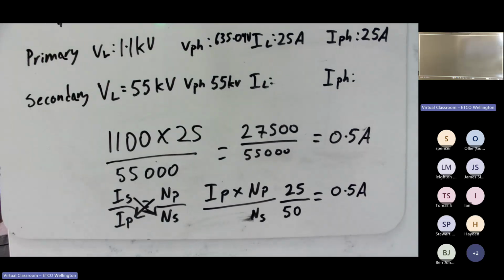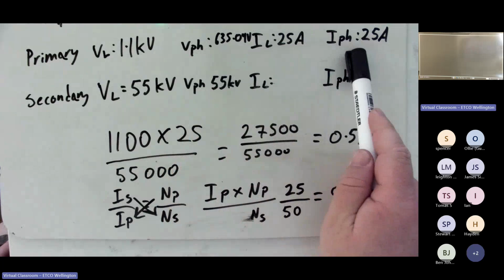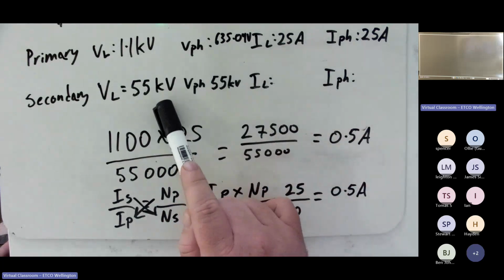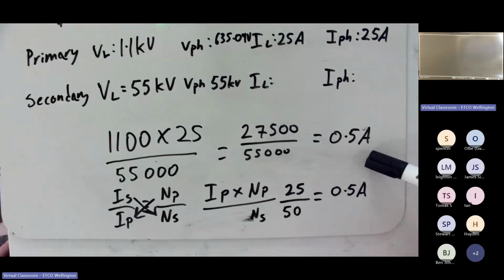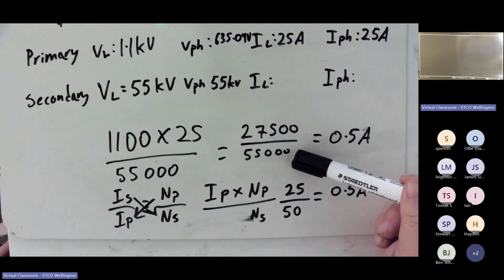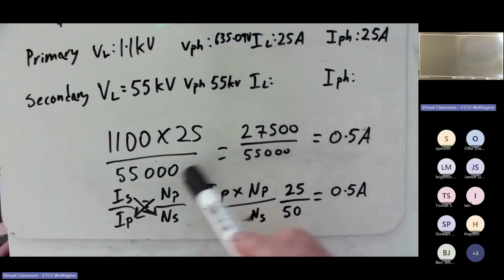So there's more than one way of working it out. We can do this using the number of turns, but if we don't have the number of turns and we have the primary voltage, the primary current and the secondary voltage, we can figure out the secondary current because we're basically working out the power. Excluding losses, we're just using the power in this formula to figure out the answer.